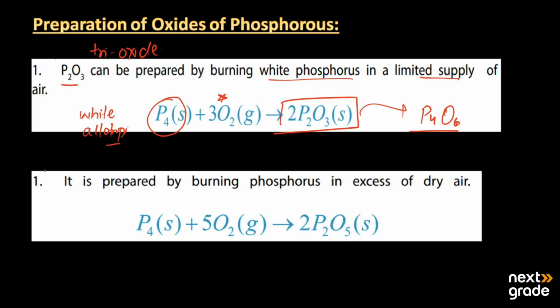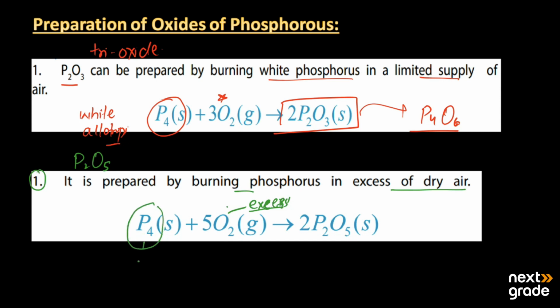After this, we have the method for the preparation of phosphorus pentaoxide, P2O5. It is prepared by burning phosphorus in excess of dry air. We have to use an excess of dry air while reacting it with phosphorus.